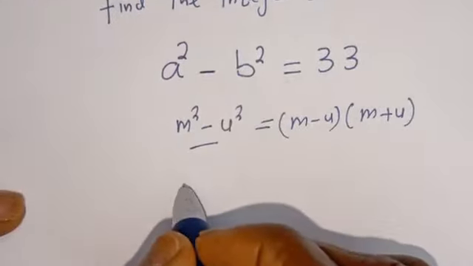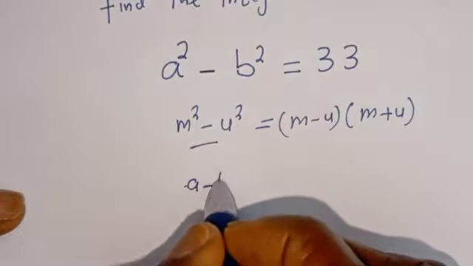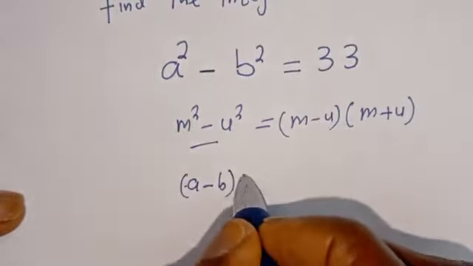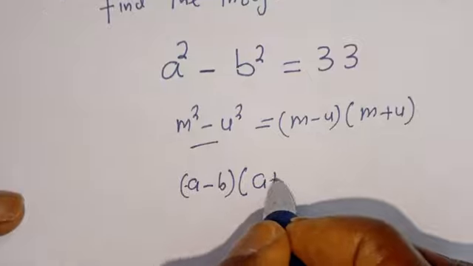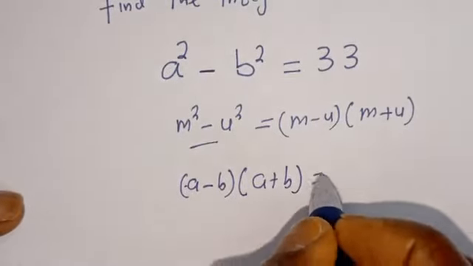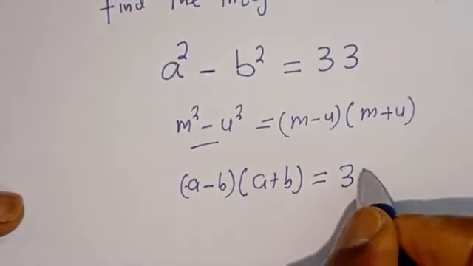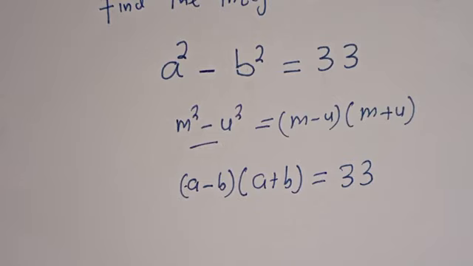We have a minus b bracket a plus b is equal to 33. Now we can have the pair of factors of this 33.